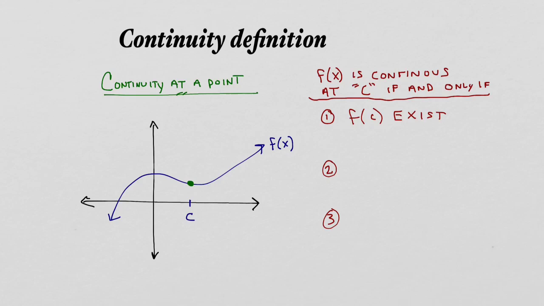The second condition for continuity at point c is that the limit has to exist. So the limit as x approaches c of f of x exists. And remember, what does it mean for a limit to exist? It means simply that the limit from the left must equal the limit from the right.